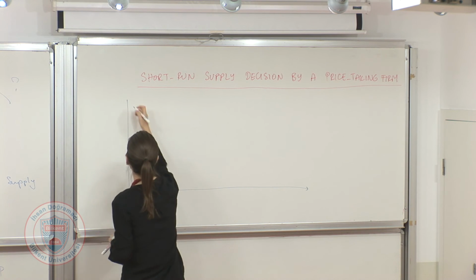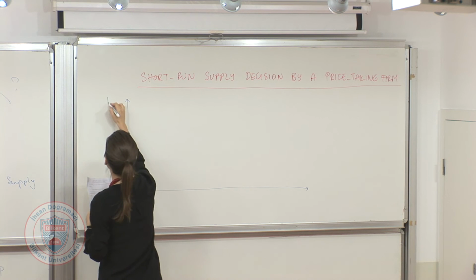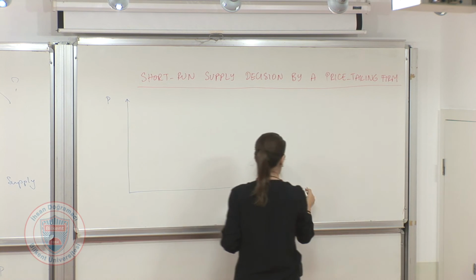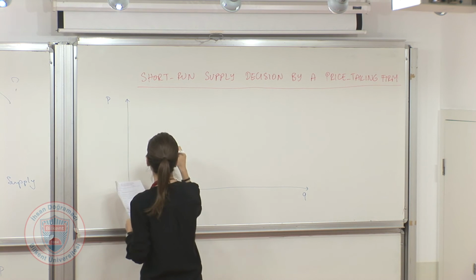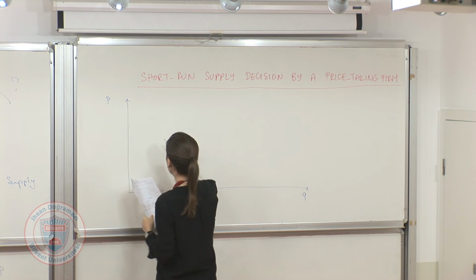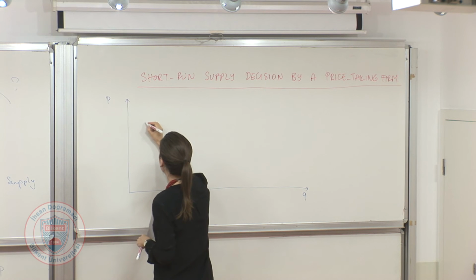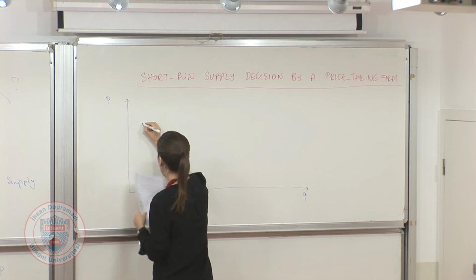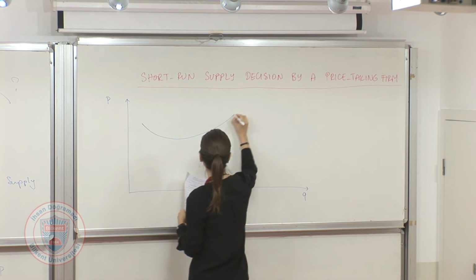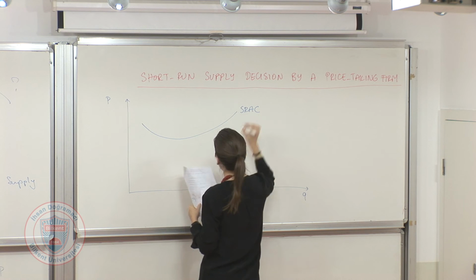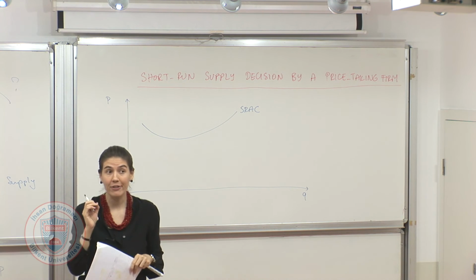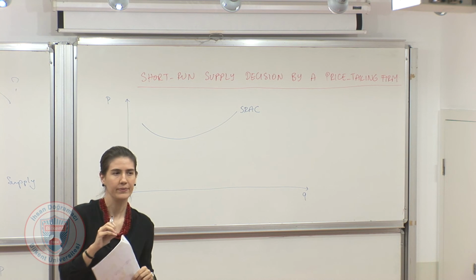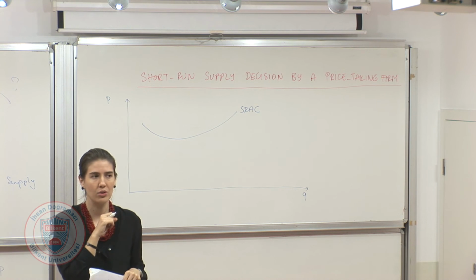So basically, I'm going to have this, okay, P, Q, and then let's actually have my curves. I'm going to have my short run average cost curve, okay? I'm going to have my short run average variable cost, okay? So where do you think that curve should be?